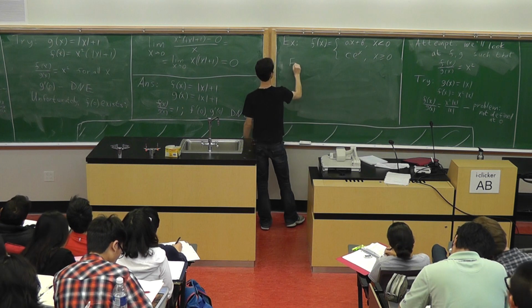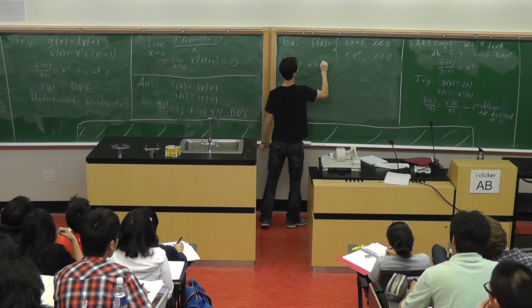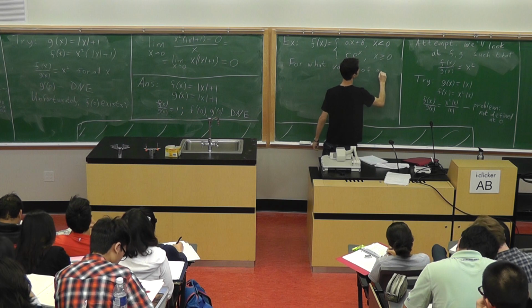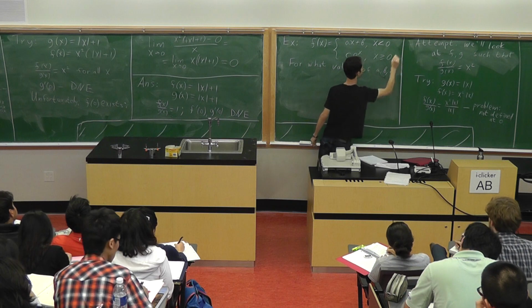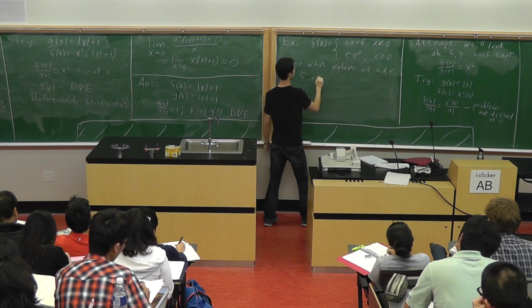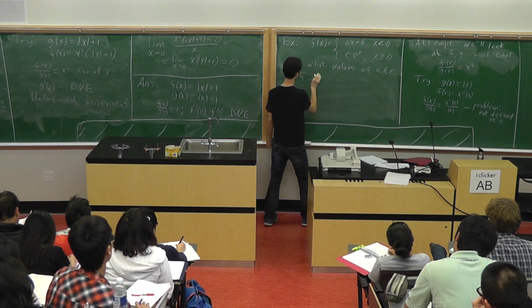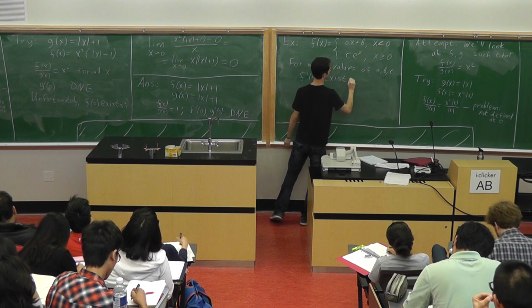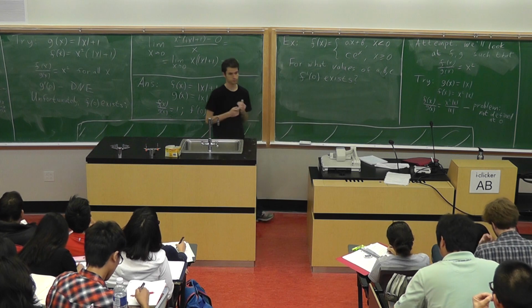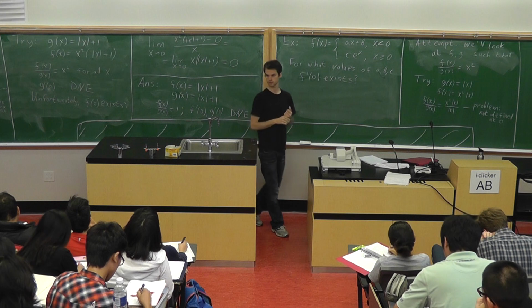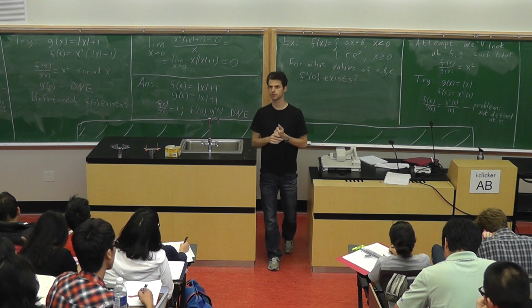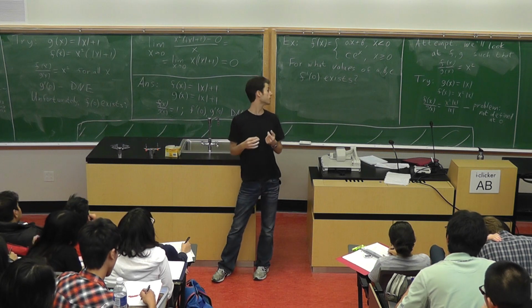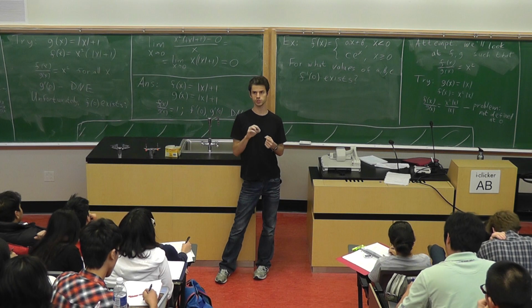And the question is, for what values of a, b, c does f prime of 0 exist? So the question is whether for such a function defined by two cases, the derivative at the point 0 exists.